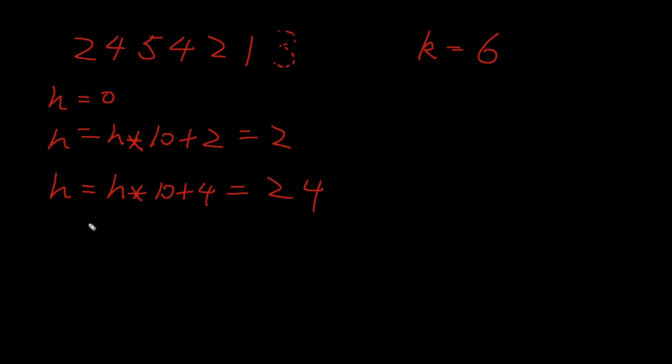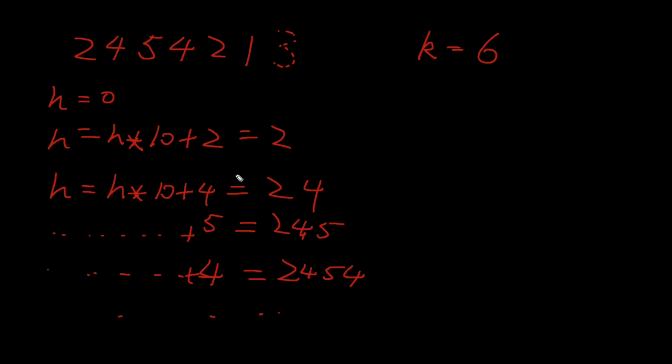Then we do it again, and this is plus 5, so this is 245. This is very easy to understand because the 24 is actually 24, the 245 is 245, and so on. Then plus 4 again, and we have 2454. So at here, we have these values.